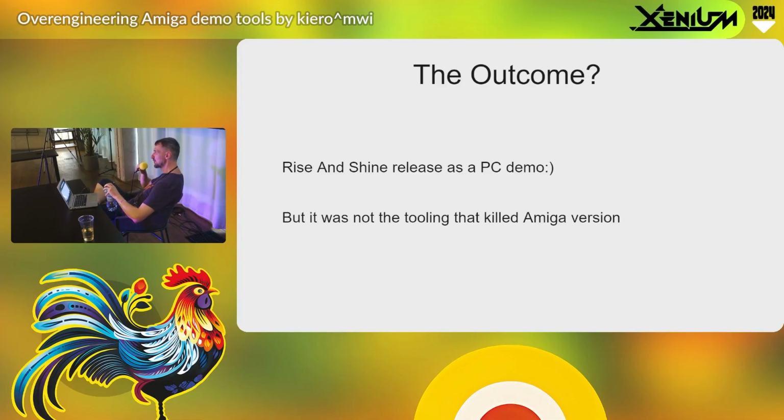It was supposed to be the code that I don't have to worry about and just flip the switch and it would just run, but it didn't. So as a last resort, we actually won the PC demo competition, if I remember correctly, but it is still available as an Amiga binary on Poet.